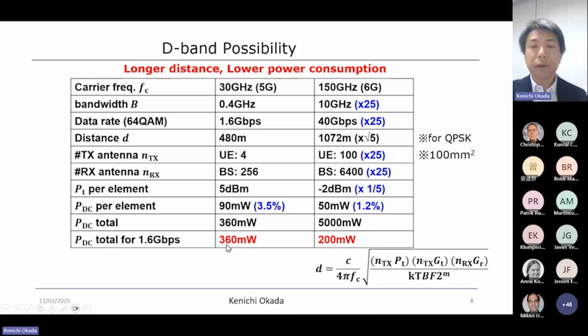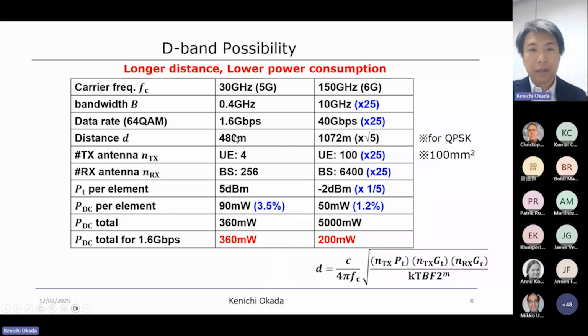In that case, the average power consumption becomes 200 milliwatt. So even using the millimeter wave D-band frequency, power consumption can be reduced a lot like this, even with a longer communication distance.